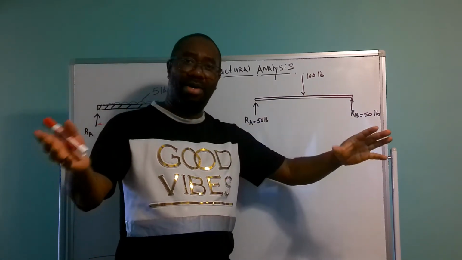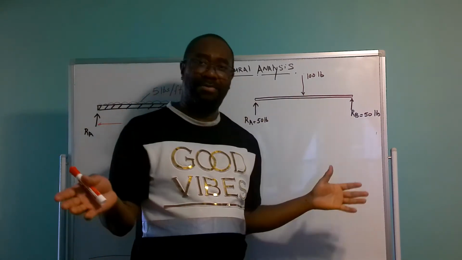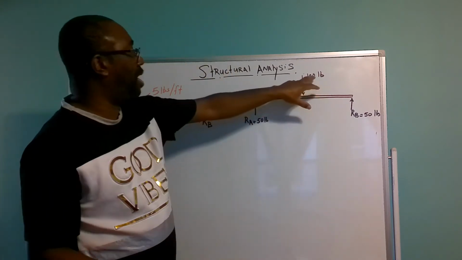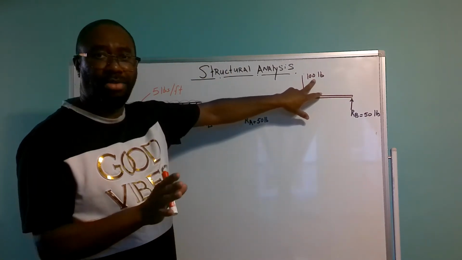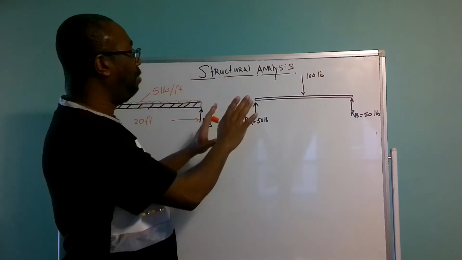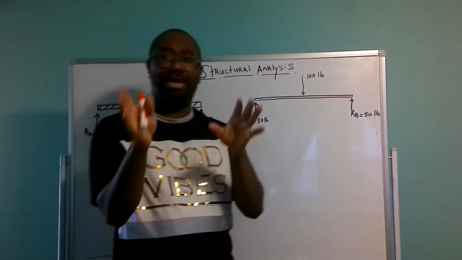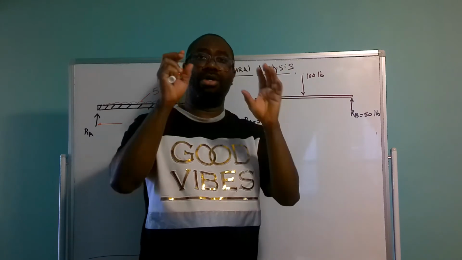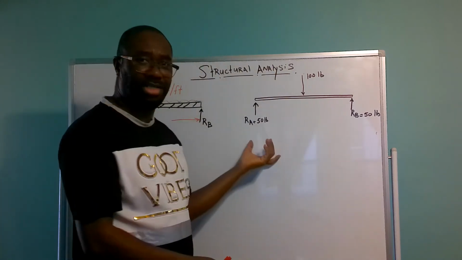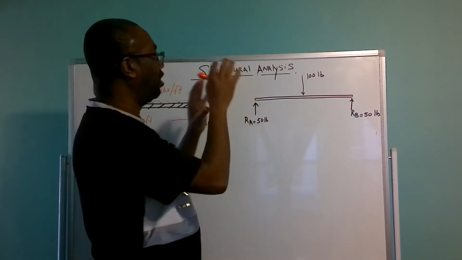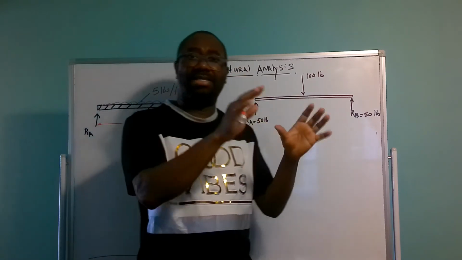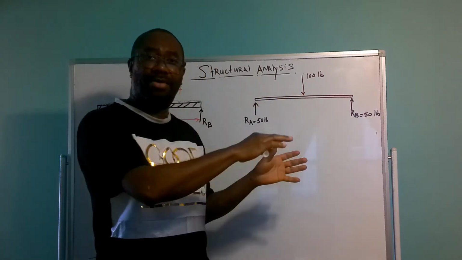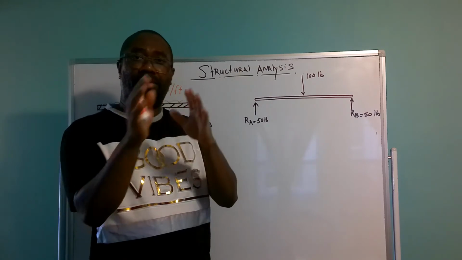And as you know already, 50 pounds plus 50 pounds, we end up back with our 100 pounds. But we simply do that to carry the UDL to a point load, just to calculate the reaction. That's all that is necessary to convert from UDL to point load.